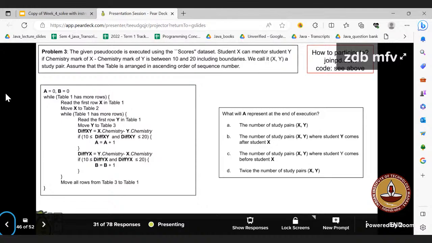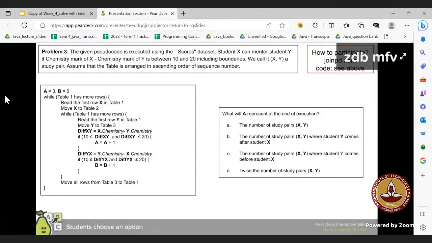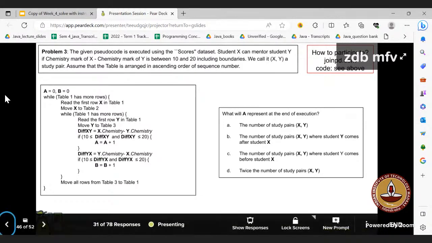Suppose X is 10, Y is 20. Then also they are ascending? No, x marks is less than y dot chemistry marks. How will it be a pair? X chemistry marks must be greater than y chemistry marks. So if you take 30 and 20, then that will be a pair.